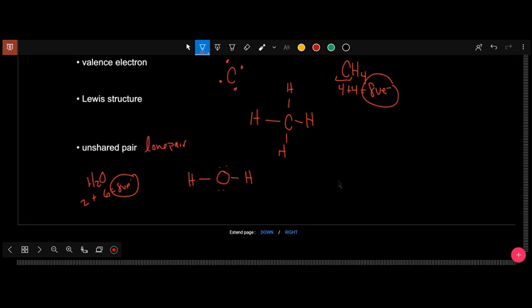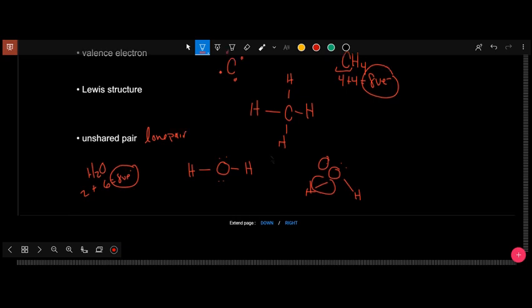Now lone pairs are going to tend to want to be together, so I'm going to move them on up, and then I'm going to move this over. So these right here are a lone pair, 2 and 2. Each 2 of them represents 1 lone pair. These are bonded pairs, these are lone pairs. Now these shapes are based on the VSEPR theory, so I'm going to show you that on the next one here.